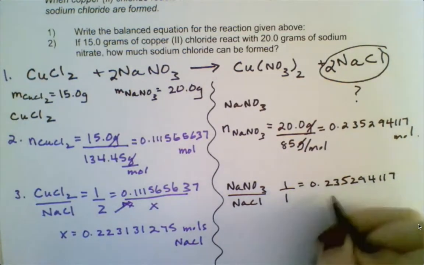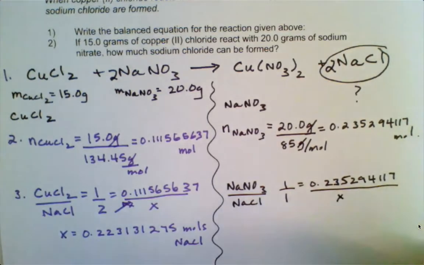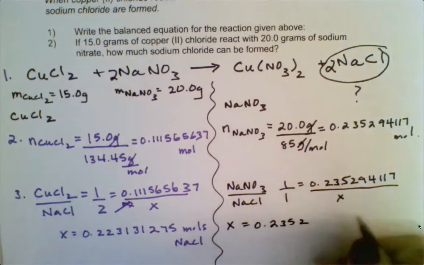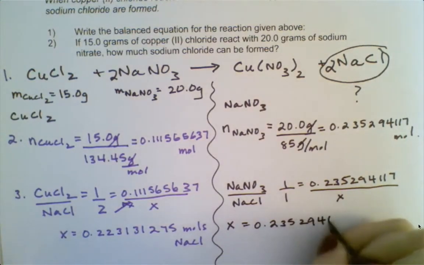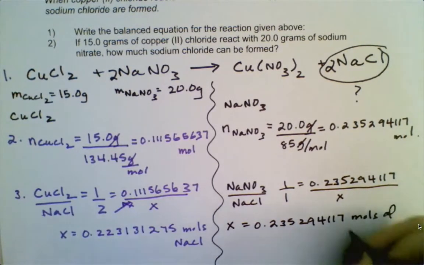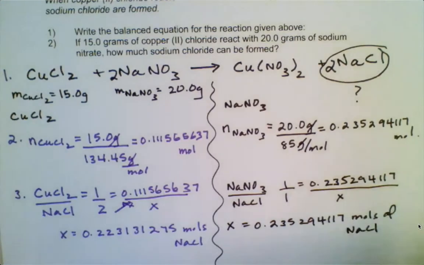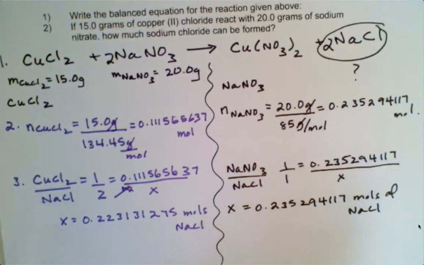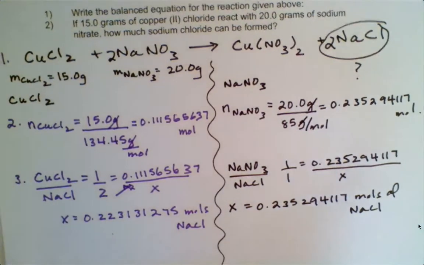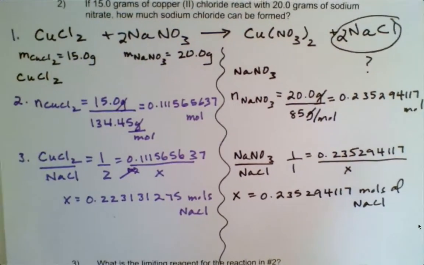Okay, but if you need to, you can set that up, and your x equals 0.235294117 moles of sodium chloride. So now what we do is we take a look and we say, okay, well, I have 2 mole values for sodium chloride. Which one am I going to pick?